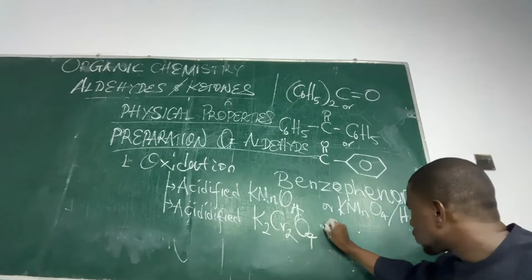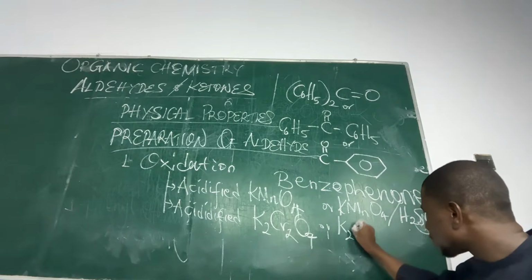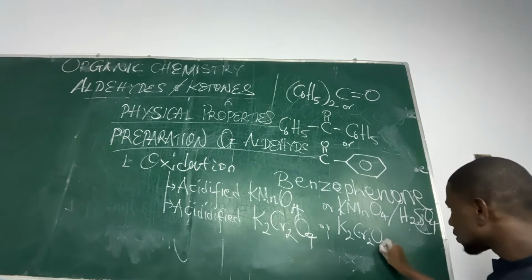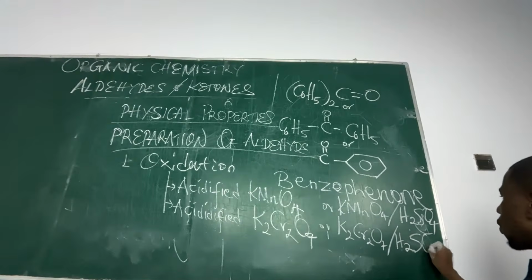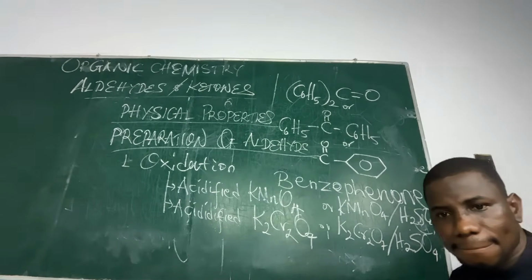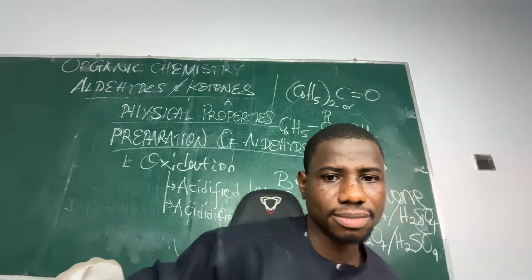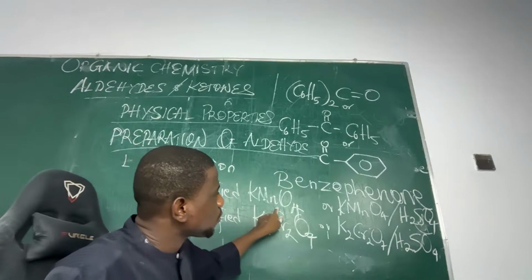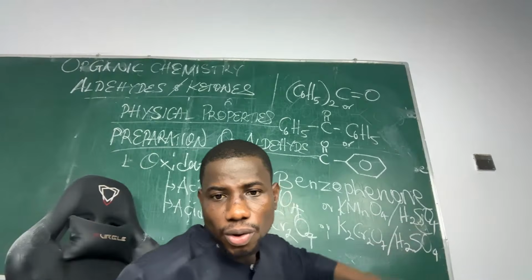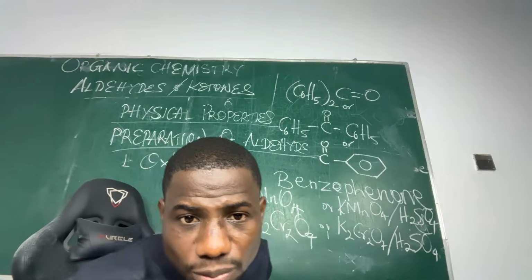Or they will put it this way, K2Cr2O7 slash H2SO4. Take note of that. If they don't say acidified KMnO4, they will say KMnO4 slash H2SO4, in case you see that in the options.